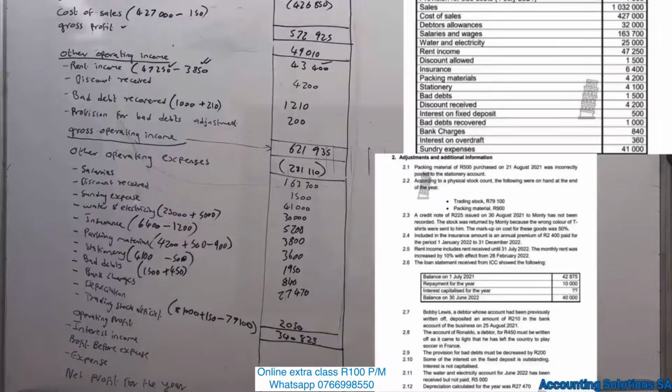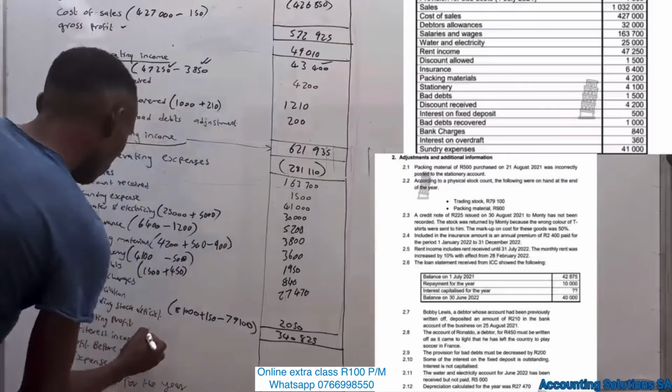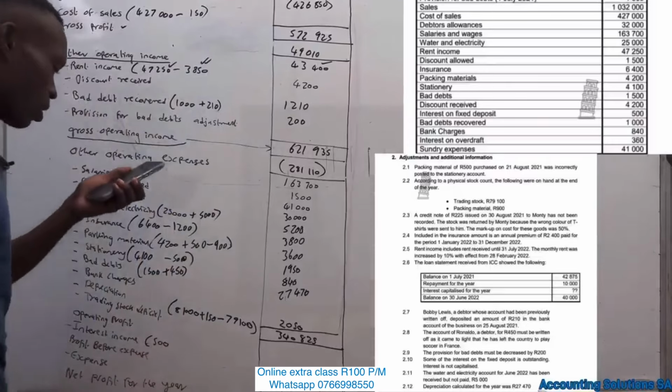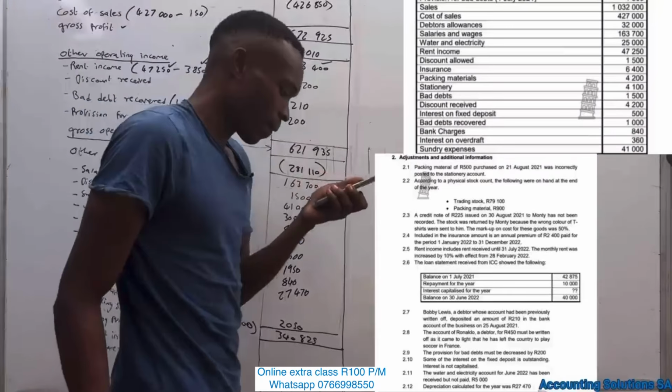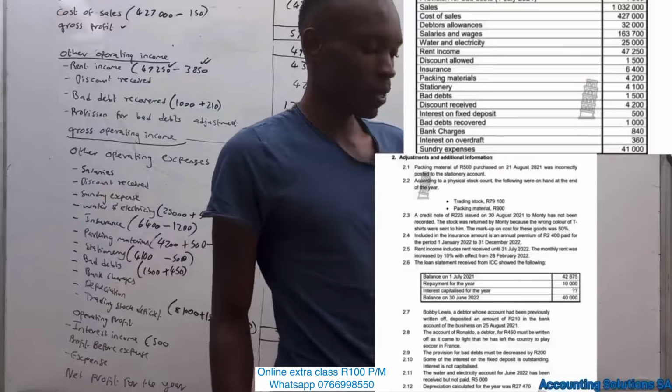Now let's check the next one. We have to calculate interest income. They say that we have an amount of 500, the first one. And in the transactions, they said that the sum of interest on the fixed deposit is outstanding. Interest is not capitalized.